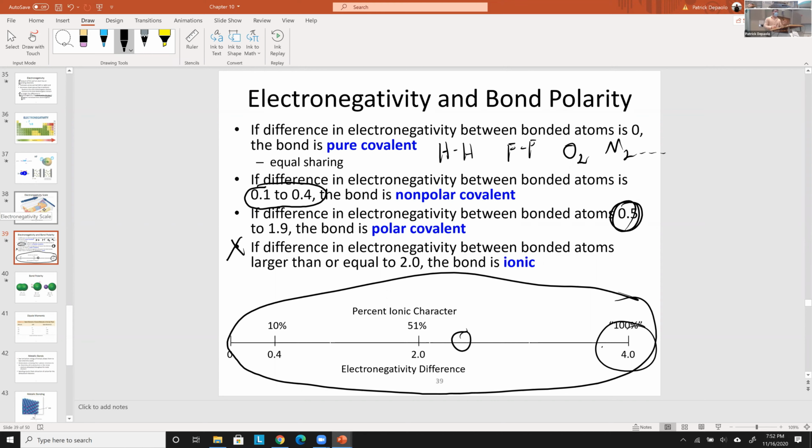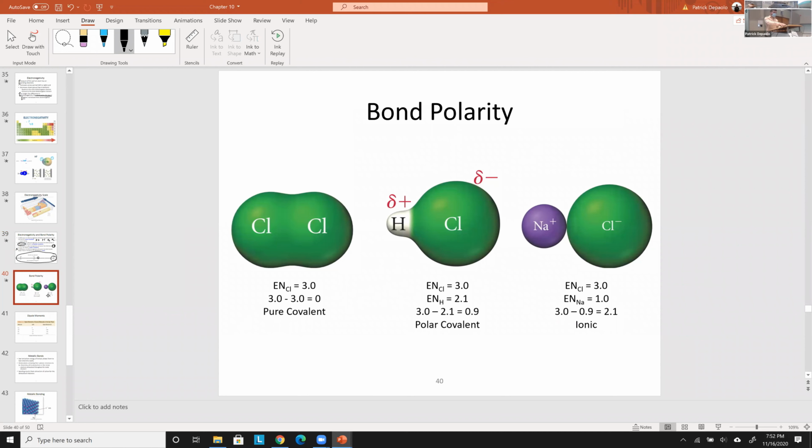The polarity with covalence perfectly makes sense with the electronegativity differences. So does that make sense with what I said about comparing pure covalent, nonpolar, and polar, and all that rant about ionics? Yep. Okay, cool. So here's an example of the polarity.